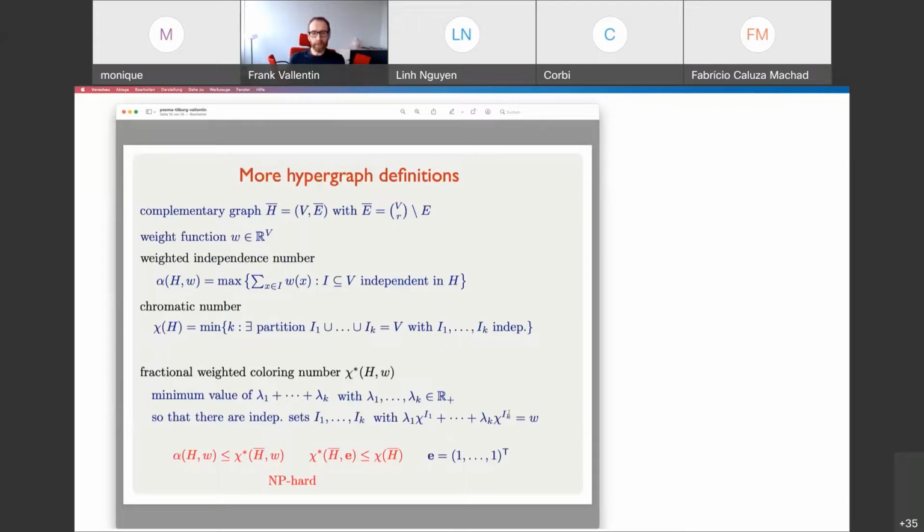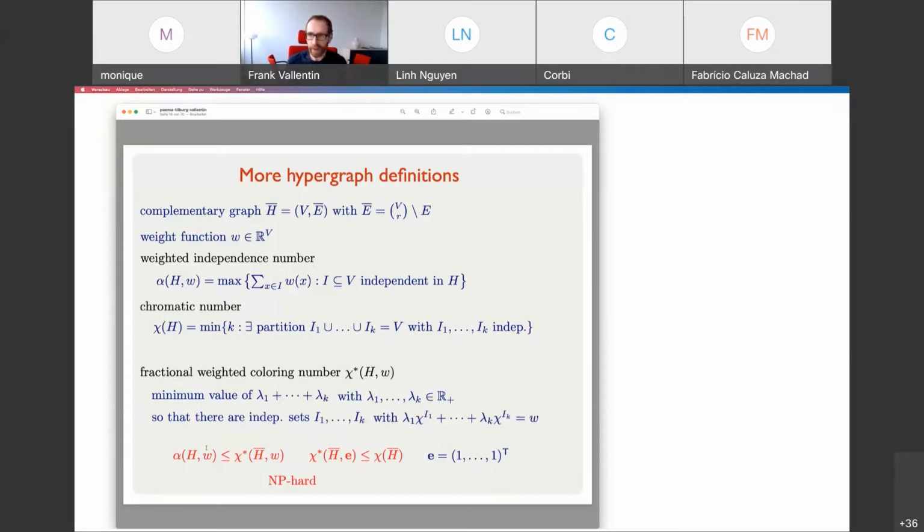And then there is a relation between alpha and chi. First of all, the weighted independence number is less or equal than the weighted fractional chromatic number of the complementary graph. And by the argument I just gave, the fractional weighted chromatic number where the weight function is constant 1 is at most the chromatic number of the complementary graph. Okay, so we have relations between alpha, chi star, and chi.